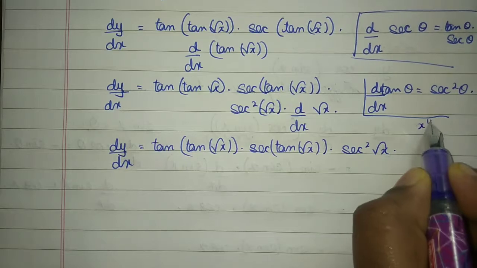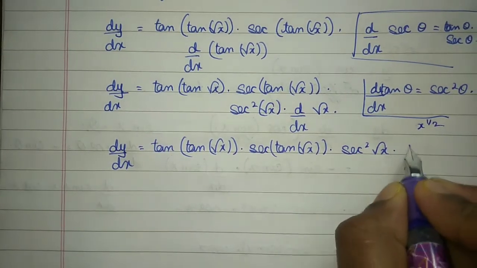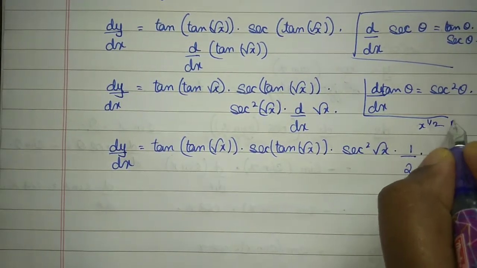X power 1 by 2 is root x. So I will write 1 by 2 into x power n minus 1.